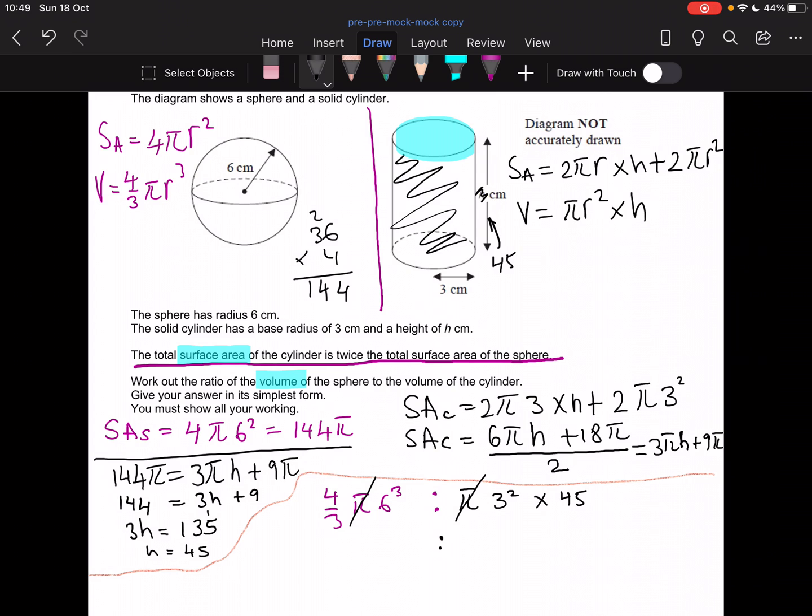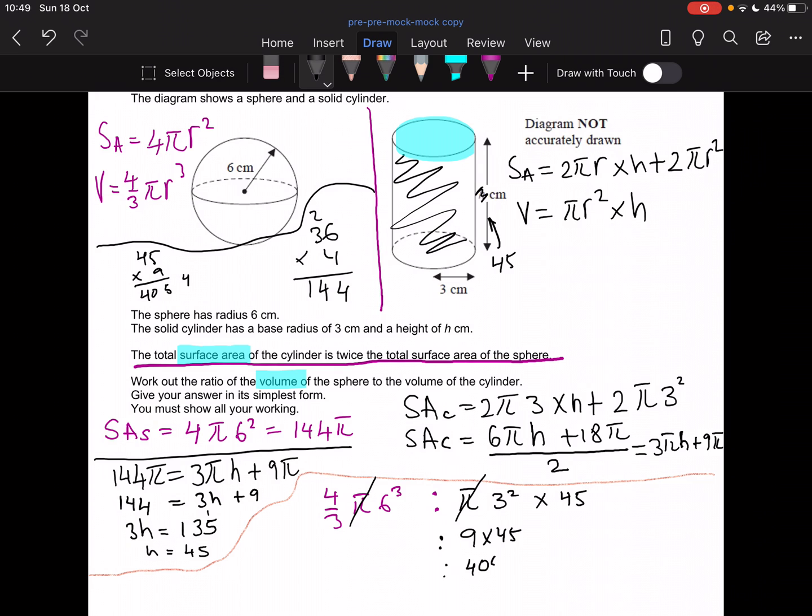I'm going to do 3 squared times 45, so that's 9 times 45. I'm going to do that somewhere. Obviously, you'd have more working out space, so it doesn't need to look as messy as mine does. So 45 times 9, 9 times 5, 45, 4 times 9 is 36 plus 4, 405.